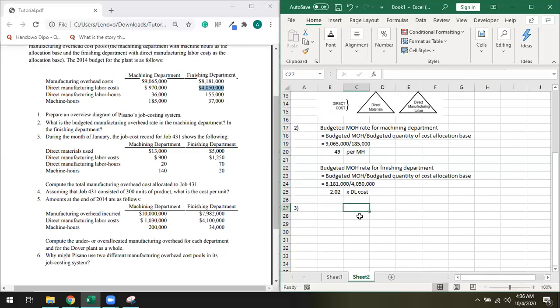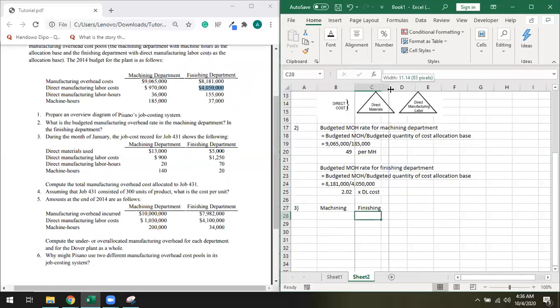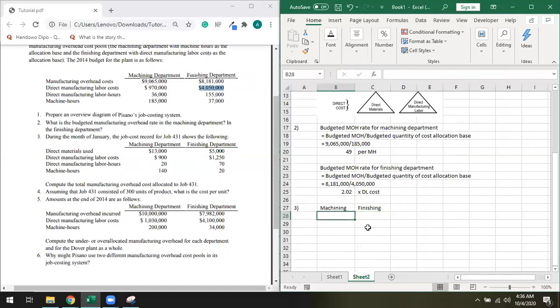There are 2 departments, machining department and finishing department. We know that to calculate the total manufacturing overhead cost allocated, we multiply the actual quantity with the standard price. It's the same for finishing department.